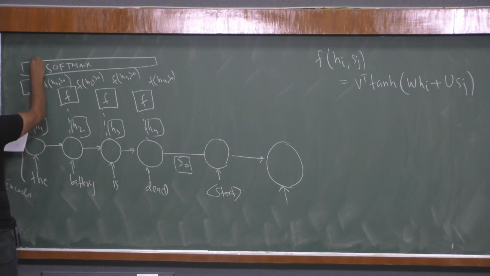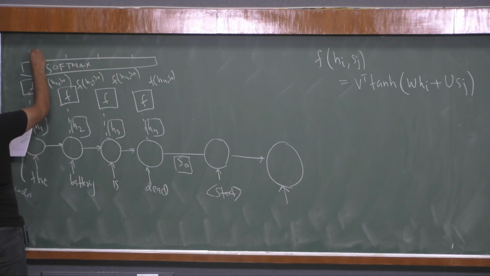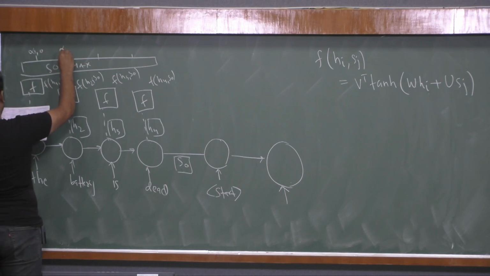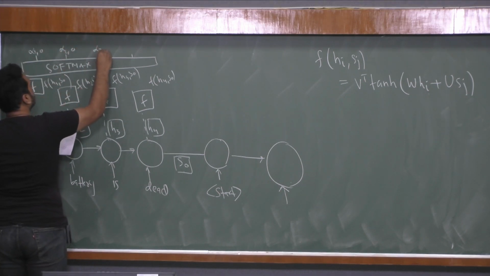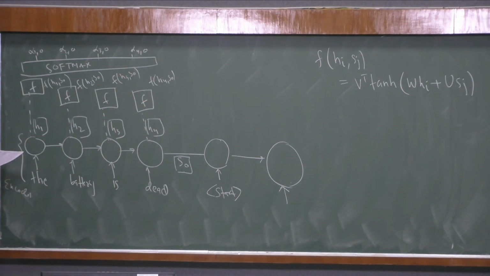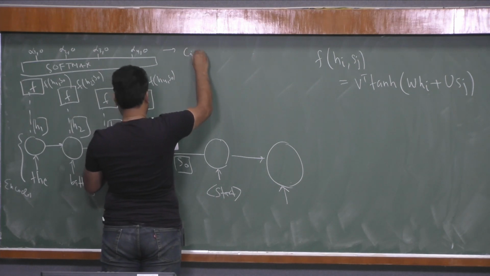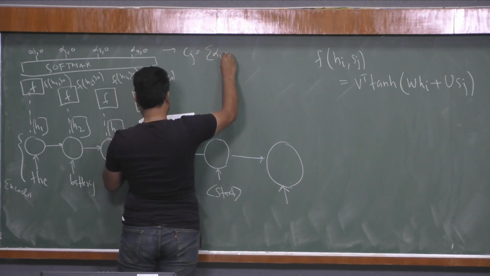And then with the softmax we get these four values. So this is alpha 10, alpha 20, alpha 30, and alpha 40. Okay, and this is then used to compute the context vector, which is Cj equals the sum of alpha ij hi.